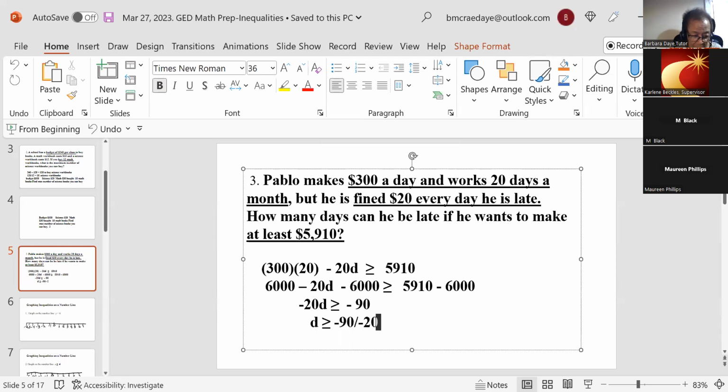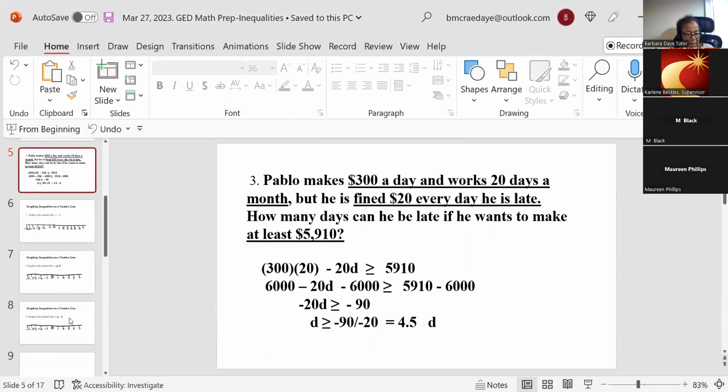What's that equal to, Mercedes? 4.5. But since we divided by a negative, this becomes less than. D then will be less than or equal to 4.5 because we divided by a negative.